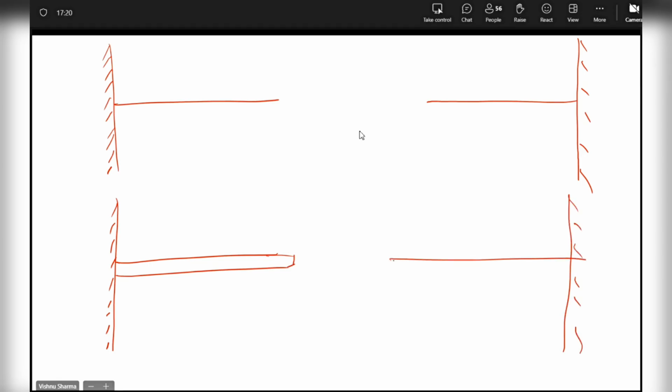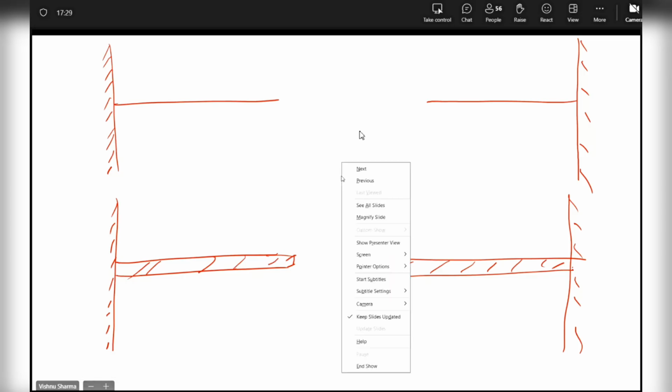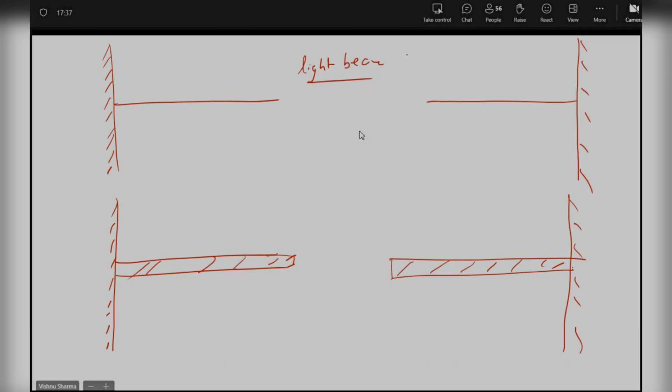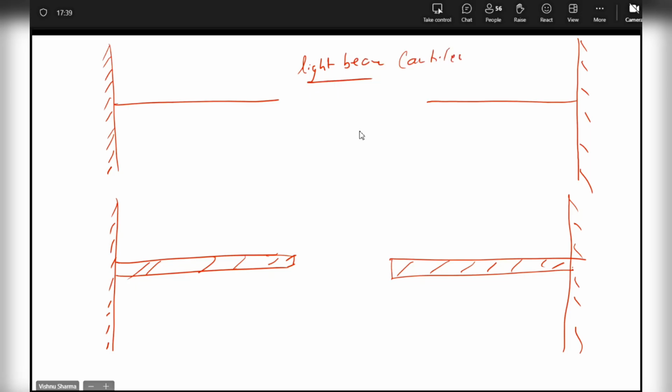This is a cantilever. These are the beams of uniform cross section. The above ones are light beams. Okay. Now, so these are basically light beam cantilevers, and uniform cross section beam cantilevers.